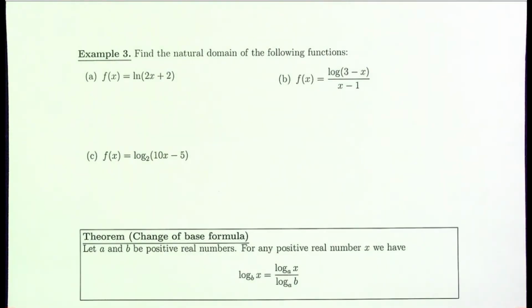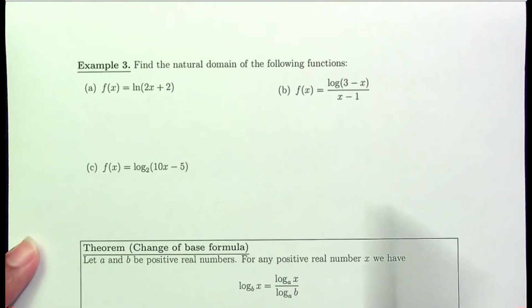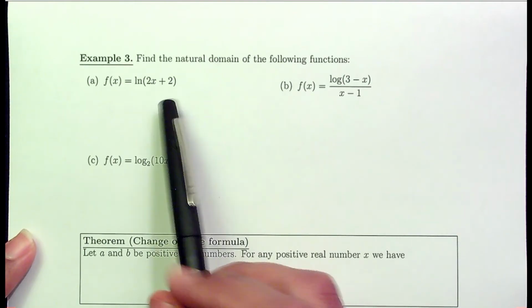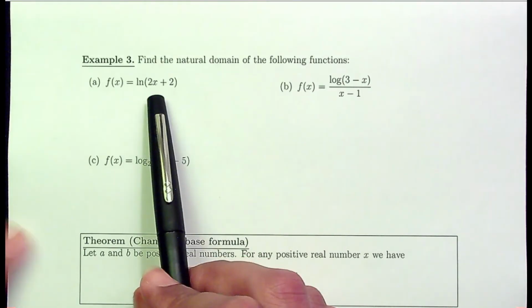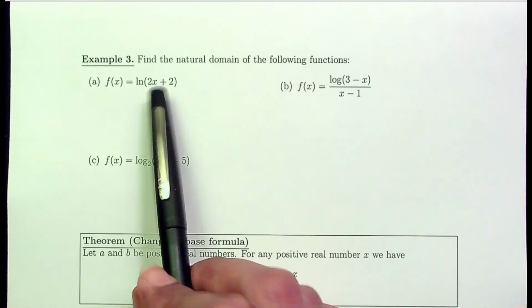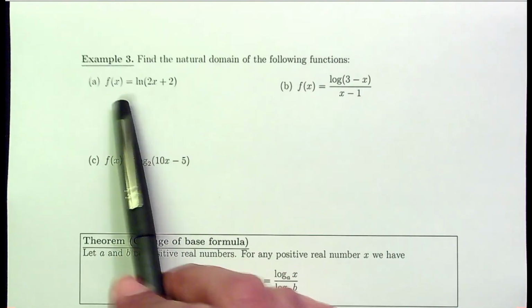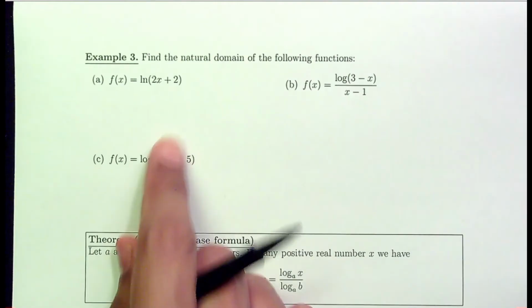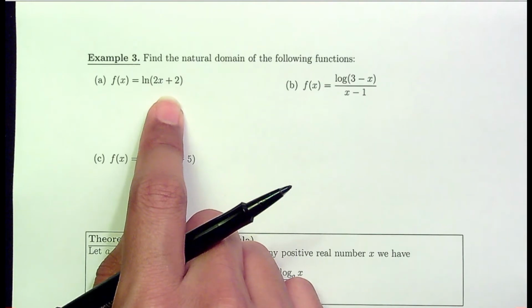Okay? So, for example, let's start with something simple here. Find the domain of this. This says f of x equals ln of 2x plus 2. Well, the first bullet point does not apply because there's no fractions, there's no rational expressions.